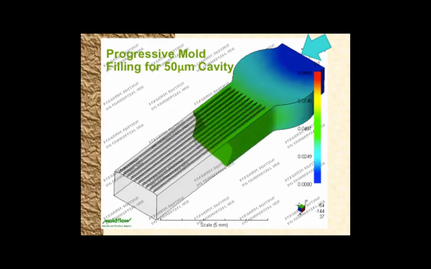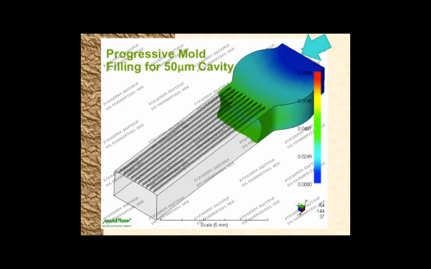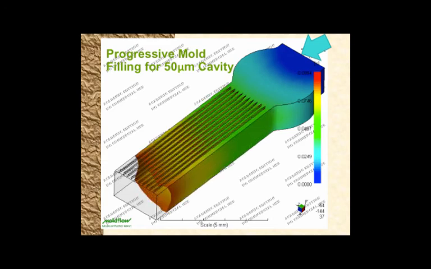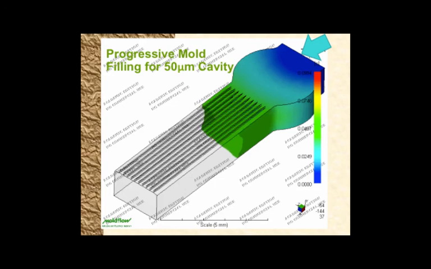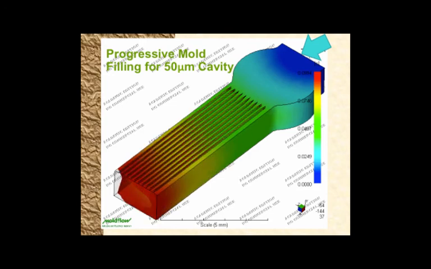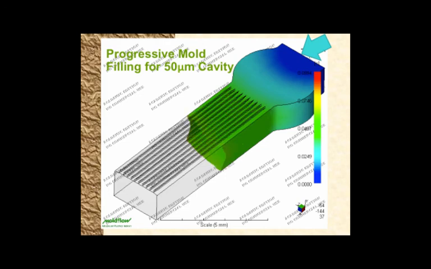So for instance, can you see that if you just notice the regions of the channels, they begin to fill in last compared to the bulk? As the material is flowing for a particular time, it's going to lose heat. If it's losing heat, it's going to become more viscous. So more viscous material is filling the very tiny channels.